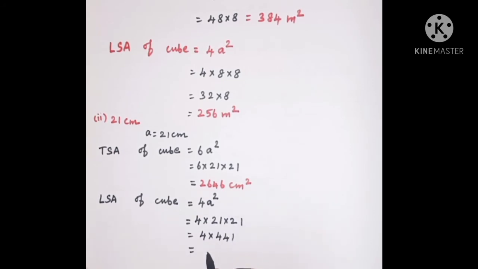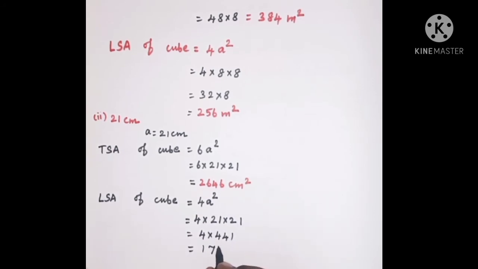So, 4 into 441 is 1764 centimeter square. This is the lateral surface area of the cube. Total surface area of the cube is 2646 and lateral surface area of the cube is 1764 centimeter square.